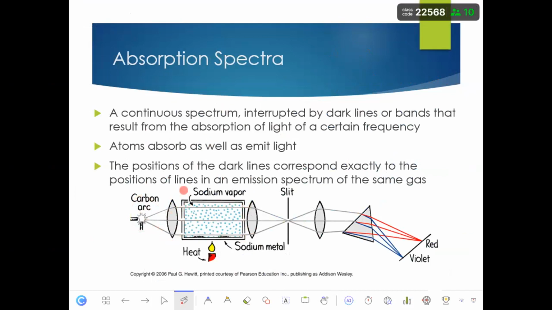But what happens here, we have a sodium metal, and we start increasing the temperature of this sodium. We have the light, and the light comes and reaches the sodium's vapor gas. So there will be an interaction between the light and the atoms inside.